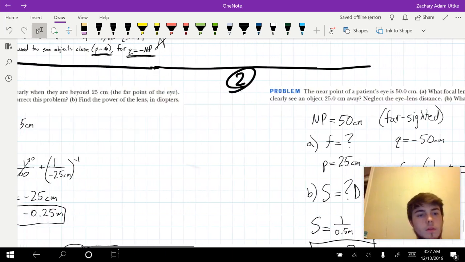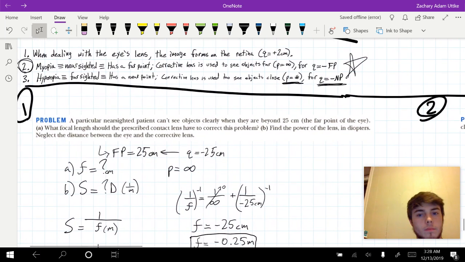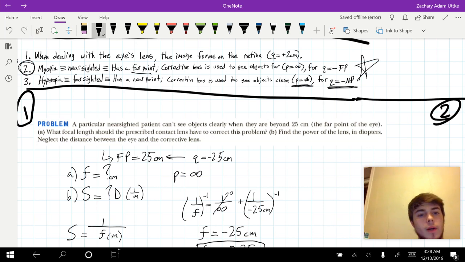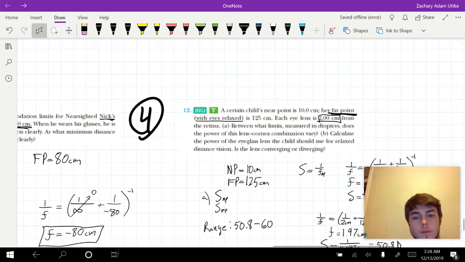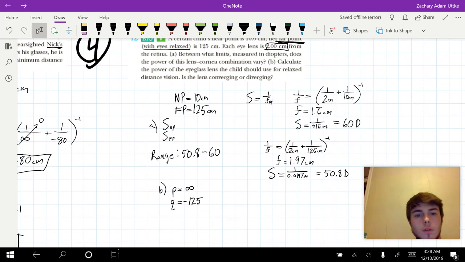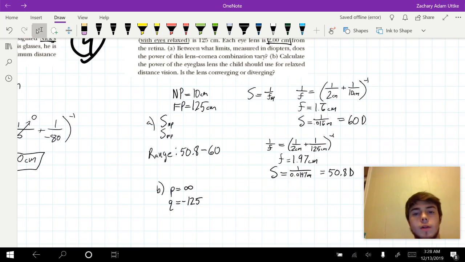Okay, so in that case, let's look at our rules. So yeah, she has a far point, and we want to see objects at infinity. So Q will equal negative far point. So Q equals negative 125 now. Okay, so we're calculating the power of the corrective lens.